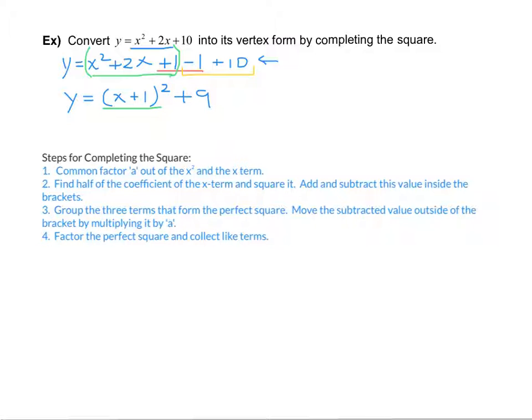We added and subtracted that value inside the brackets. Then we grouped the first three terms because they formed my perfect square. I put the green brackets around it, and I moved that subtracted value outside of the bracket. I didn't have to multiply by a because I would just be multiplying by 1 in this simple example above. And then we factored and collected like terms. So that's what we're going to do on our next examples.